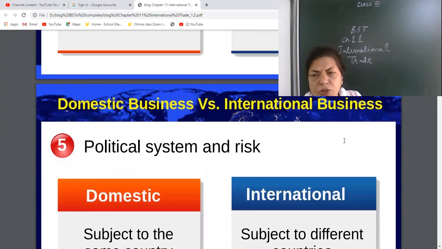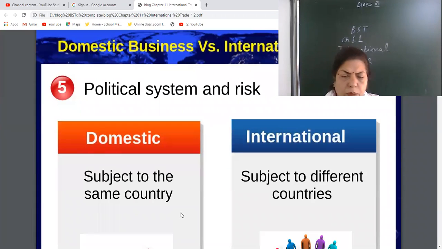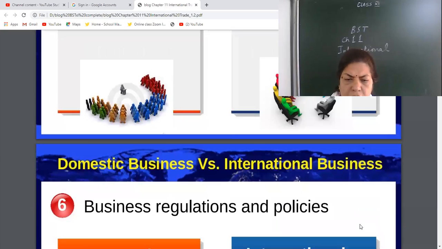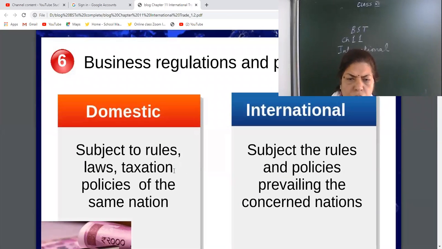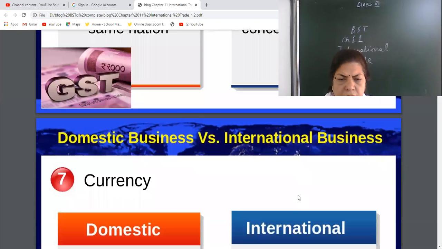So what I want to say is just learn the headings, then you can write the details. Political system: same political system because they are from the same country, but different political systems in different countries. Rules and laws of the same nation, versus different nations.